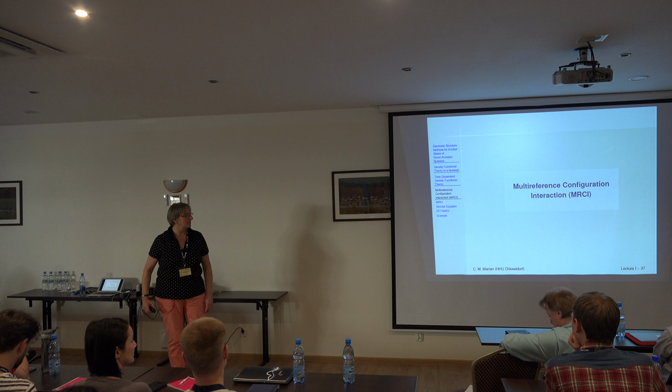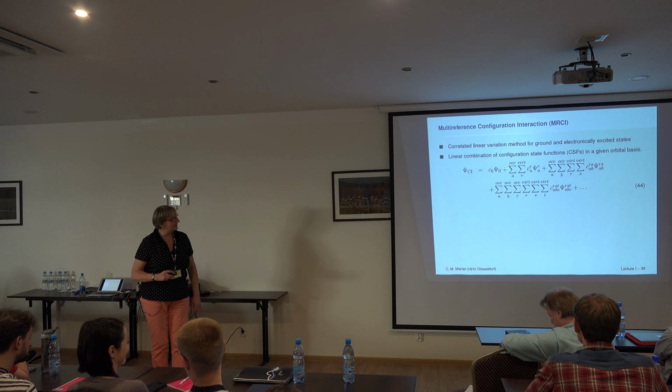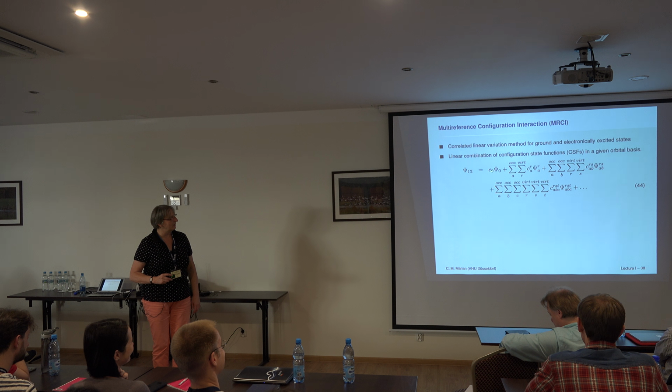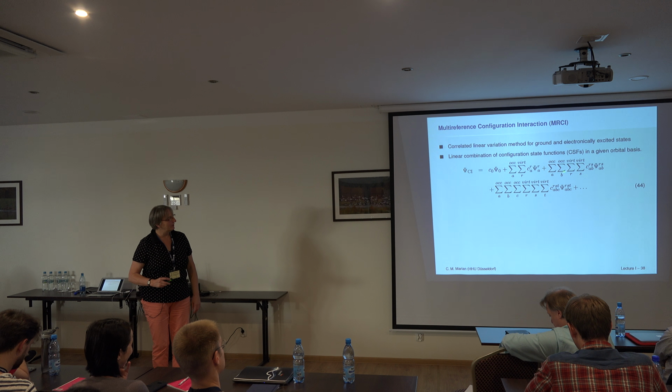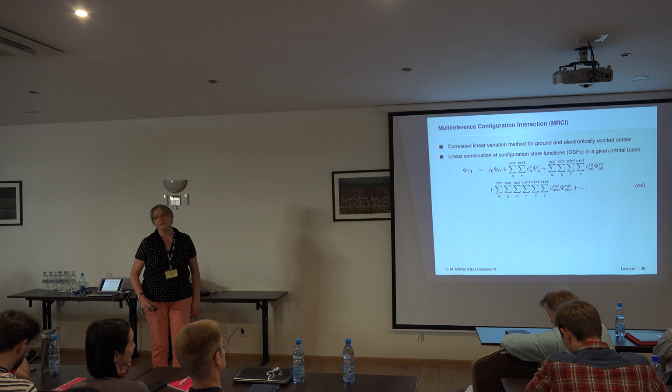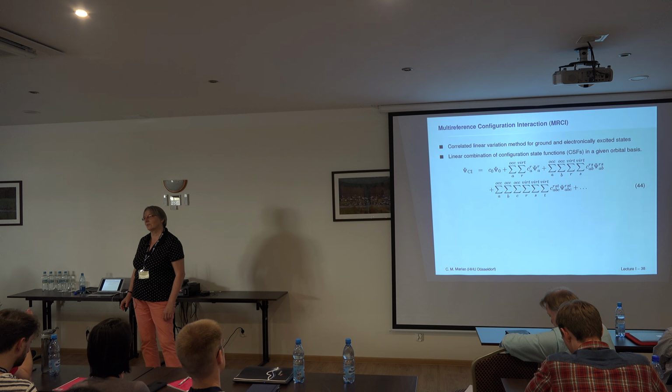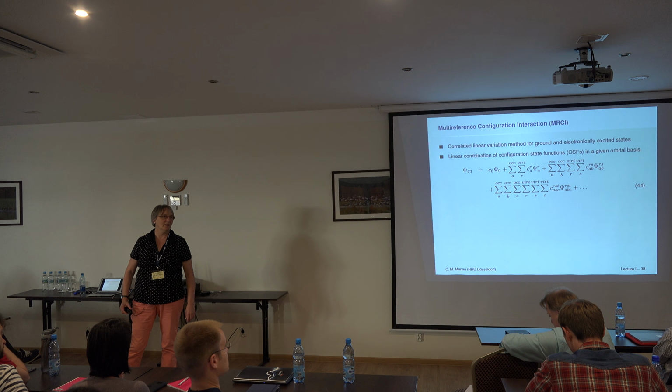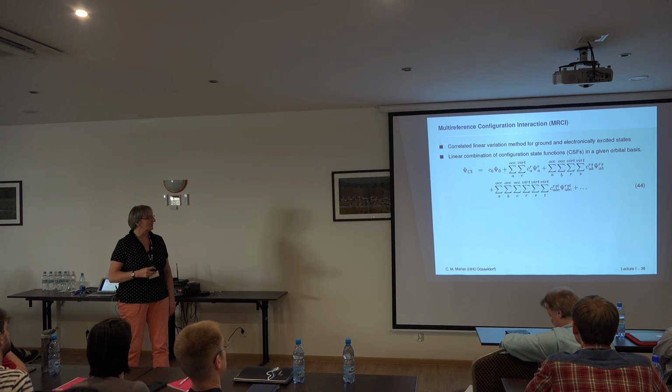Looks awful, but it's very easy because you have coefficients here which are linearly varied, and so the method as such is much easier, so to say, to understand than time-dependent density functional theory.